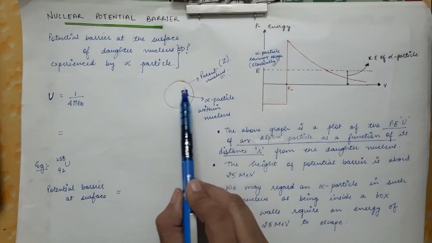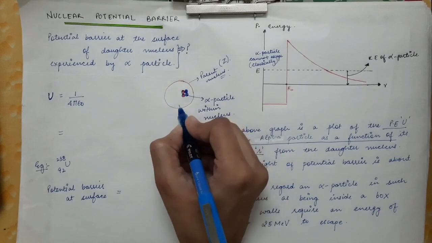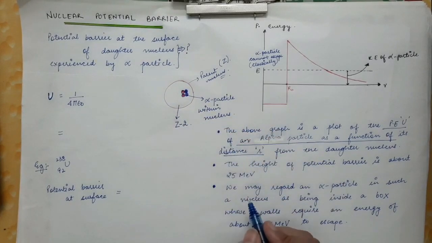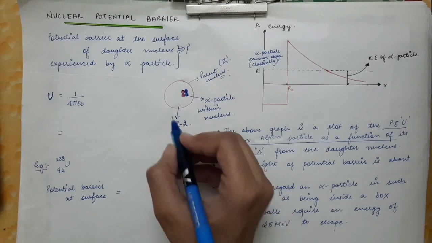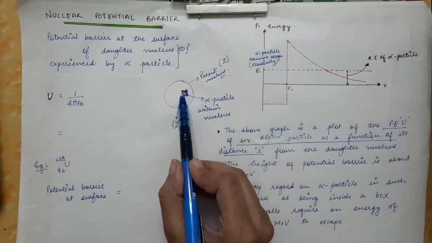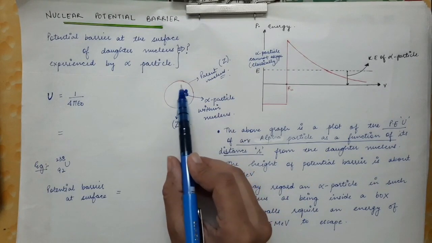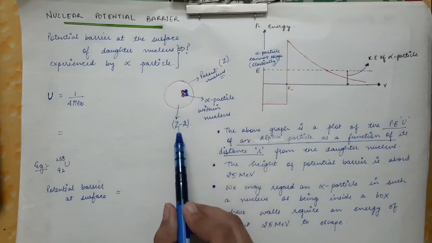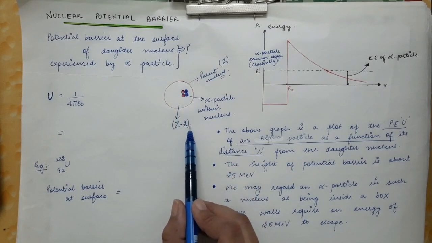So the remaining charge on the nucleus will be equal to Z minus 2. We are going to find the potential energy experienced by this alpha particle due to the remaining charge present in the nucleus, and that is (Z minus 2) into e.